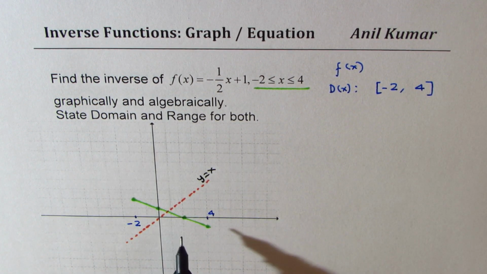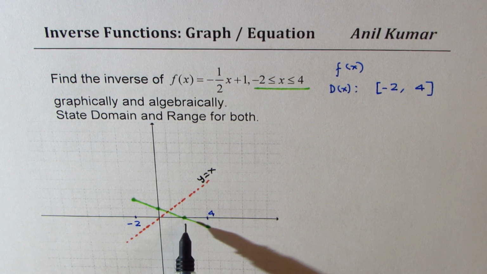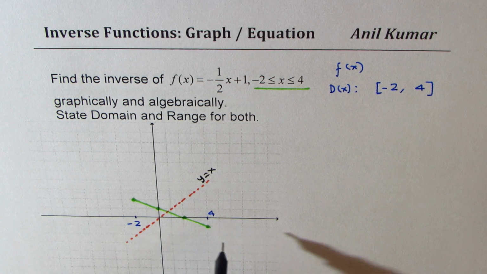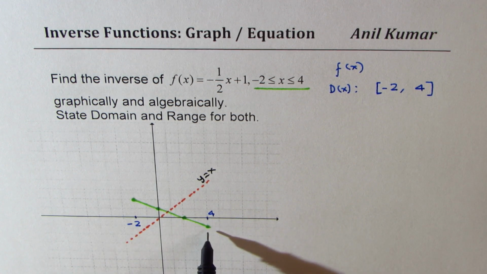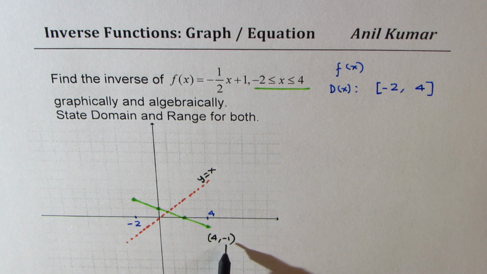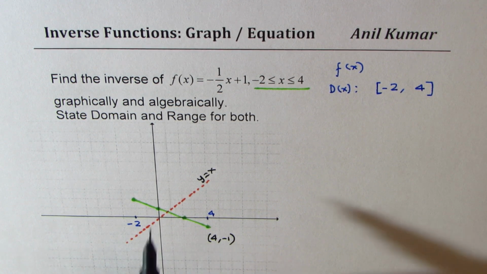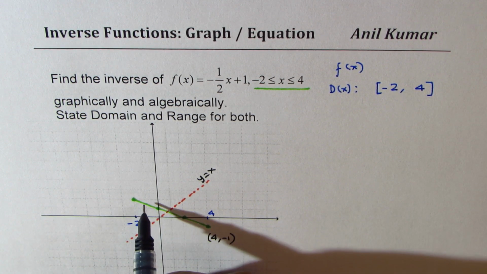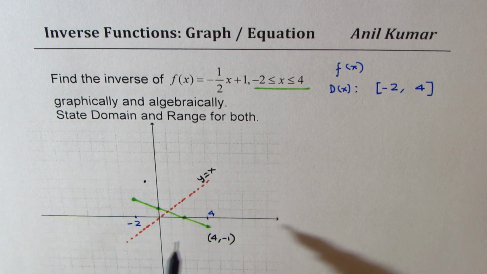So we'll reflect each point on this line, right? Let's begin with the extreme point, which is at 4, minus 1. This point, 4, minus 1, will become minus 1, 4, right? So it will become minus 1, 1, 2, 3, 4. So that is the reflection.